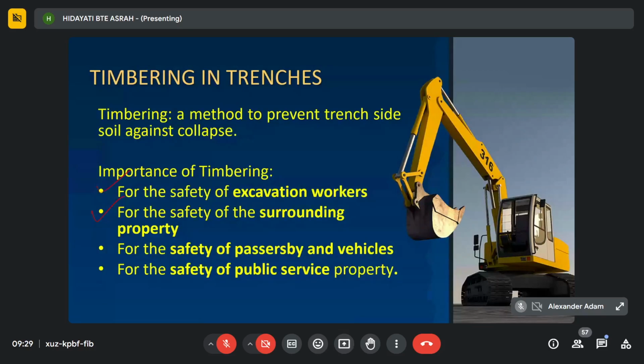Safety of the passersby and vehicles, and also safety of services, the public services such as telephone cable, water pipes, electric cable, and so on. So that is the importance of timbering.